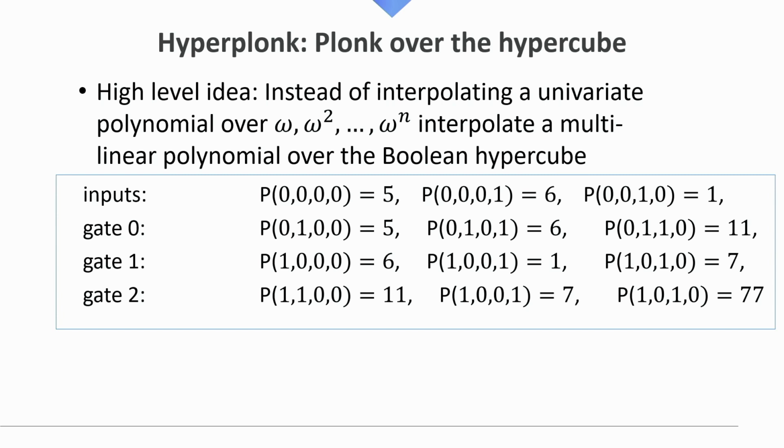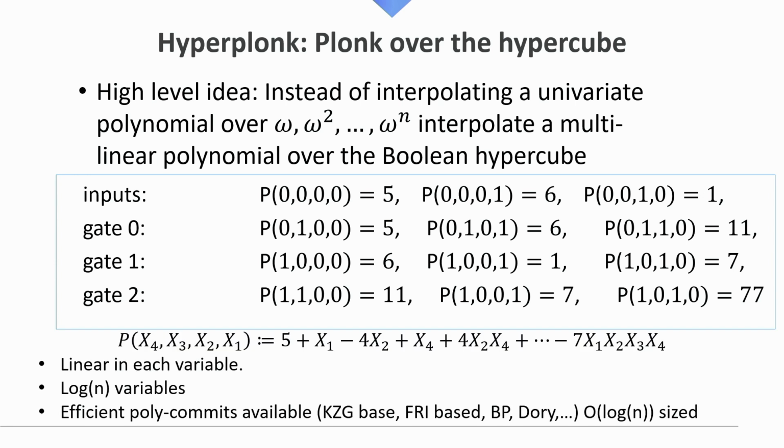And how many variables do I need in order to interpolate n points? Well, I need log n variables because there's 2 to the number of variables combinations. For example, here I have 4 variables, so I could encode up to 16 different things with it.